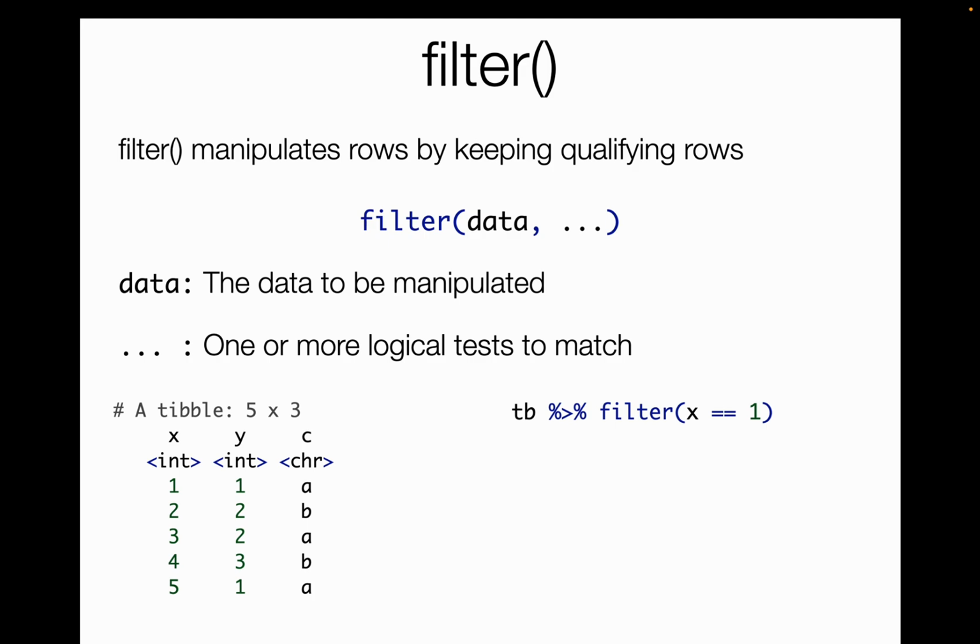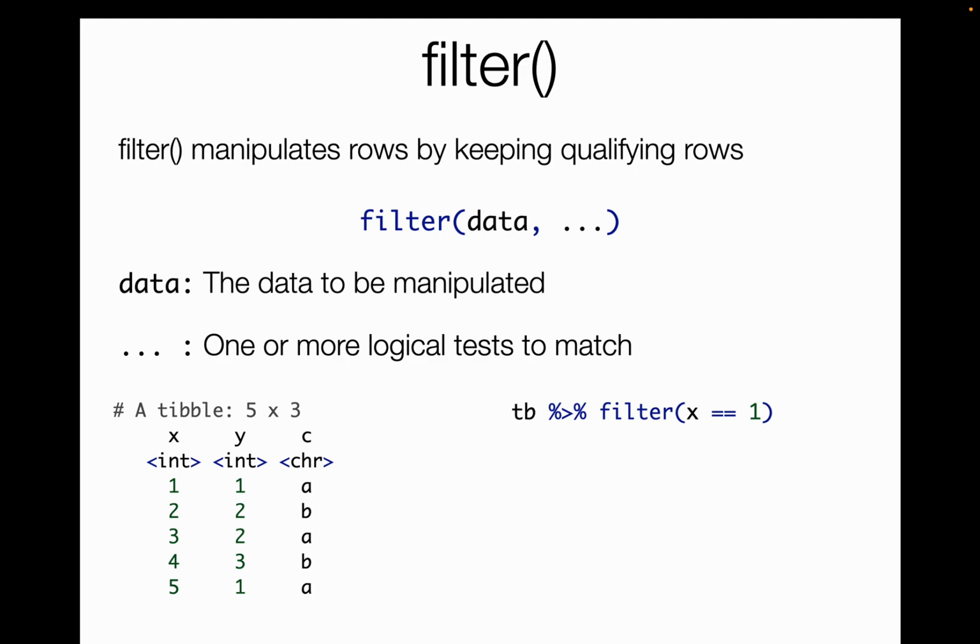All that a pipe does, so this operator, think of it like a plus. So 2 plus 2, the plus is an operator. It takes the thing to the left, takes the thing to the right, and adds them together. Here, this pipe, this operator, is going to take whatever is to the left of it, in this case, TB, which I'm calling that small 5x3 data set, and it plugs it into the first argument to the right of it.